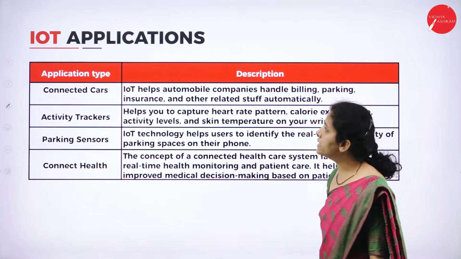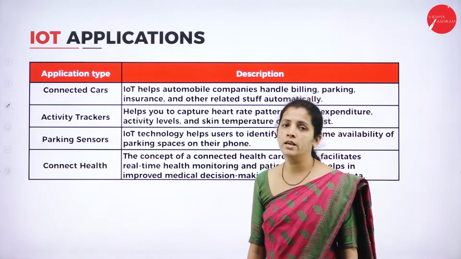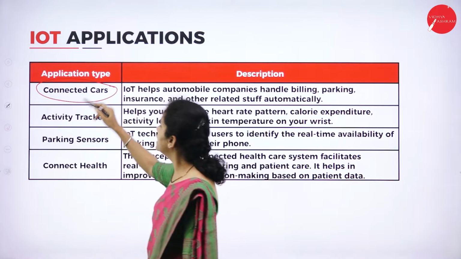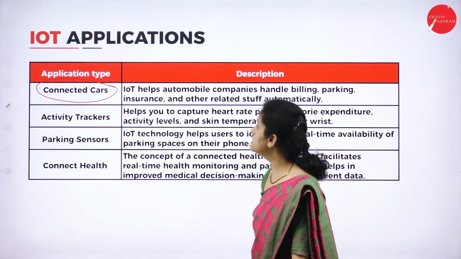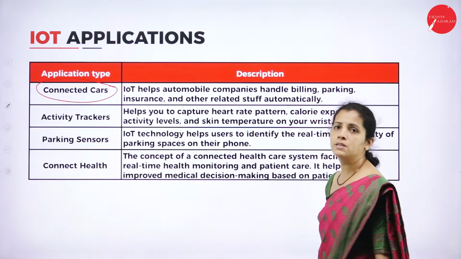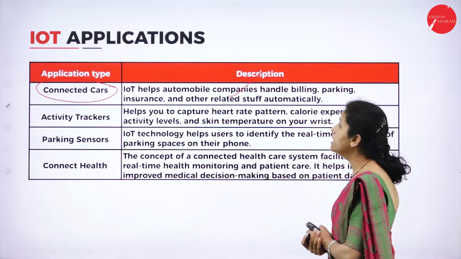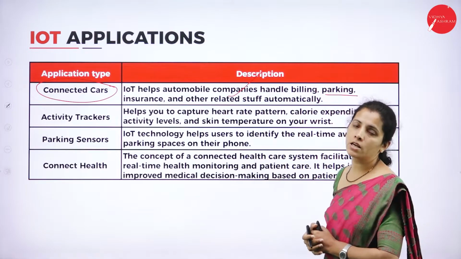Now the applications of IoT. Here IoT can be used in connected cars. IoT helps automobile companies handle billing, parking as well as insurance.